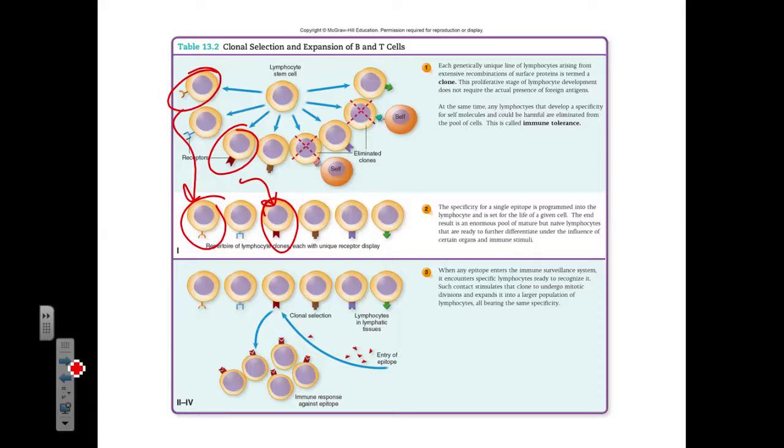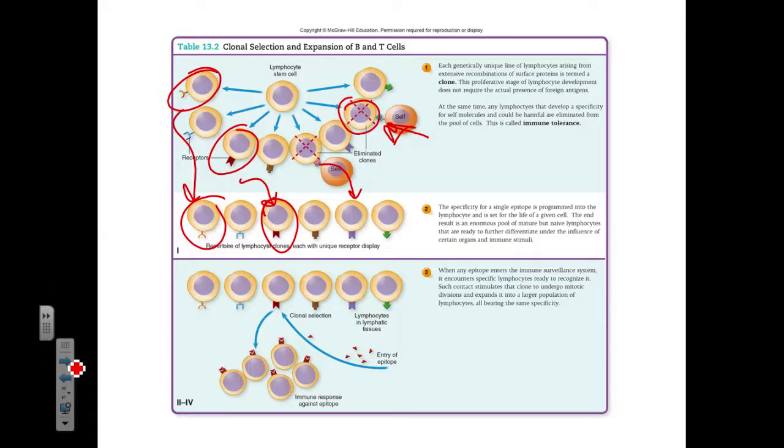However, we will always produce a couple lymphocytes that respond to self-proteins. And we want to destroy those ones immediately. If we destroy them right away, fantastic. They won't be reproduced. They won't be passed on as a mature lymphocyte. If we don't destroy them, they can be passed on as a mature lymphocyte and then initiate an autoimmune disease as they start to destroy our own tissues.